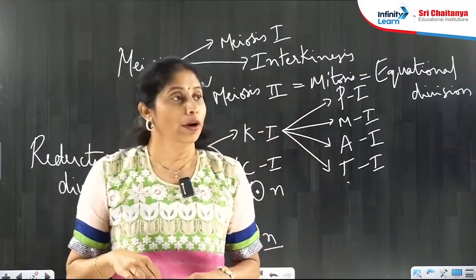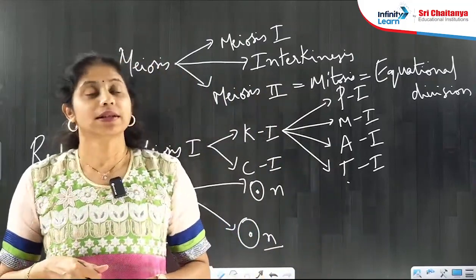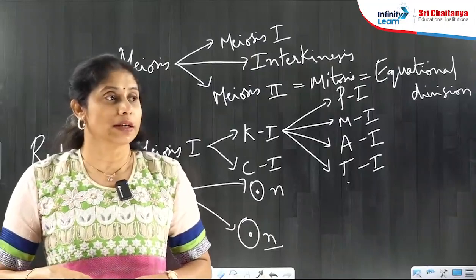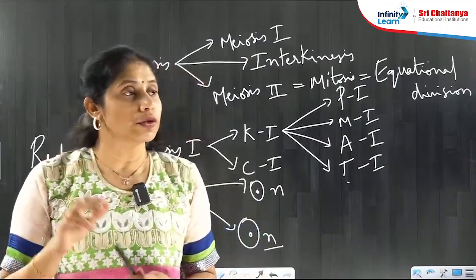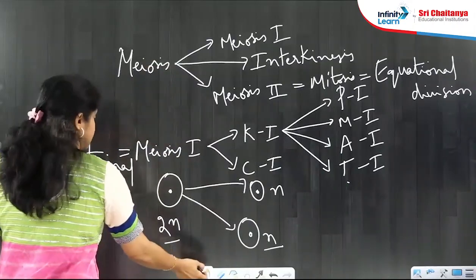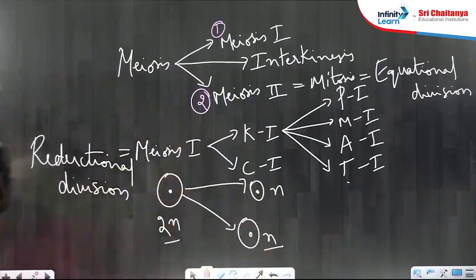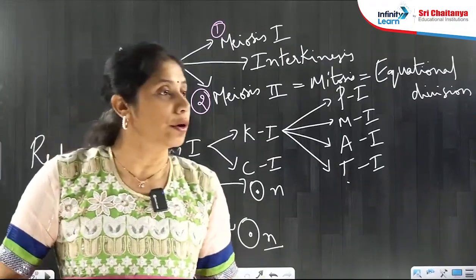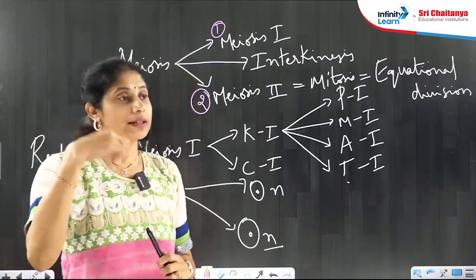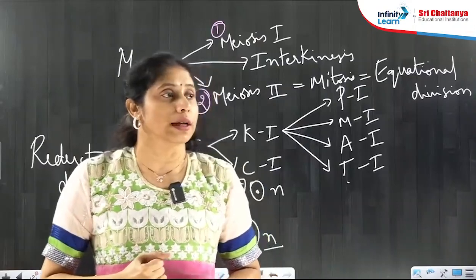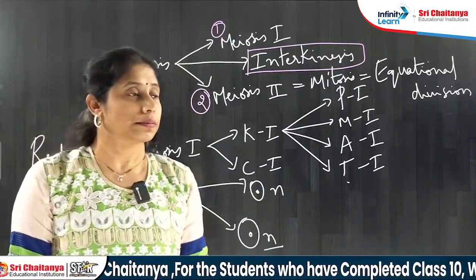Okay, I hope all of you understood. Meiosis is divided into how many stages? 2 stages. Which is the first one? All of you see the table here and tell me. Very good, meiosis 1 and meiosis 2. There is one phase in between meiosis 1 and meiosis 2. What is that? Interkinesis.